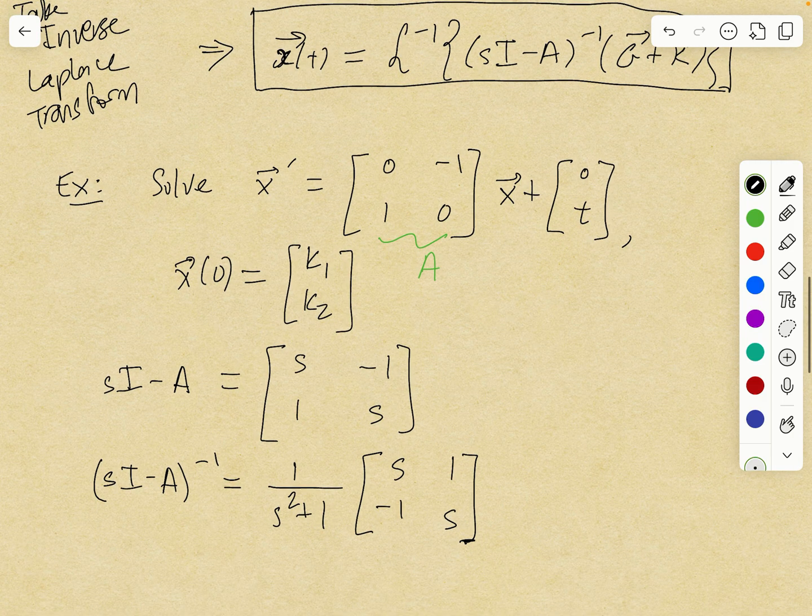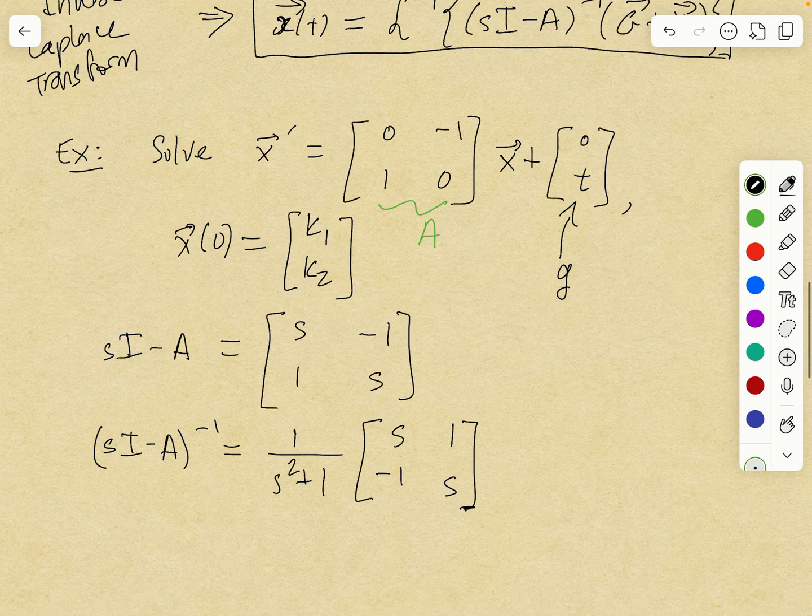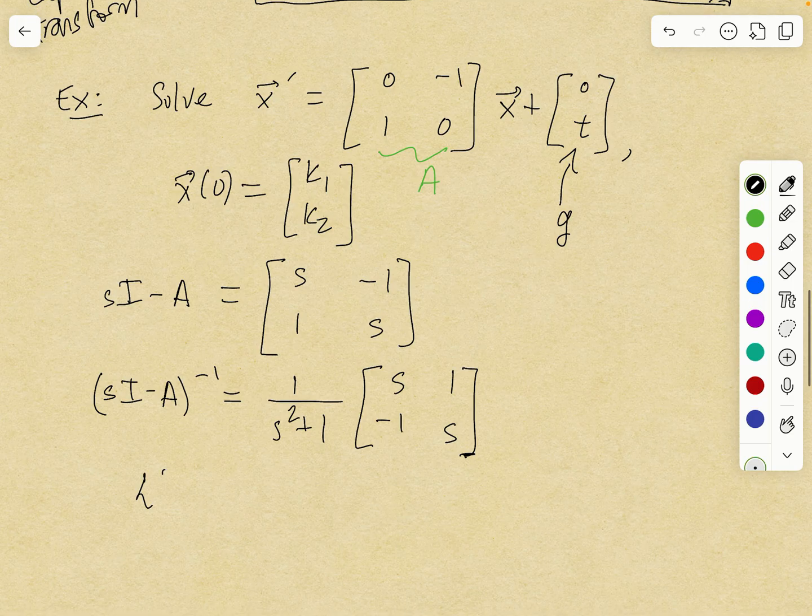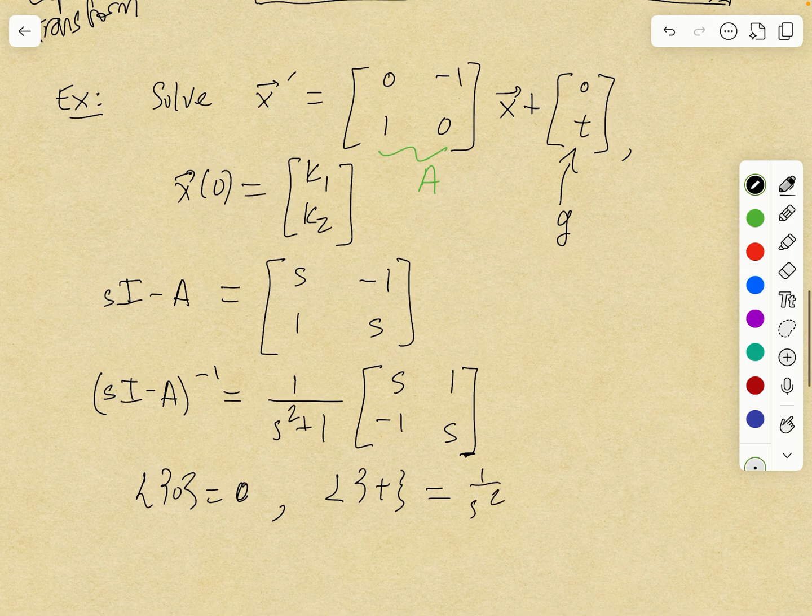Now I also need the Laplace transform of these functions. This is my little g. I need the capital G, the Laplace transform. The Laplace transform of 0 is just 0. The Laplace transform of t is, it helps to have a table of Laplace transforms, 1 over S squared.